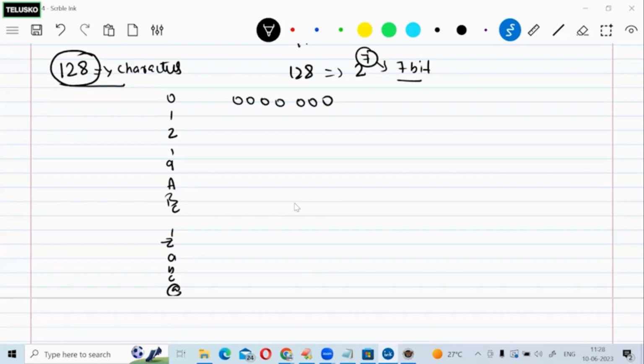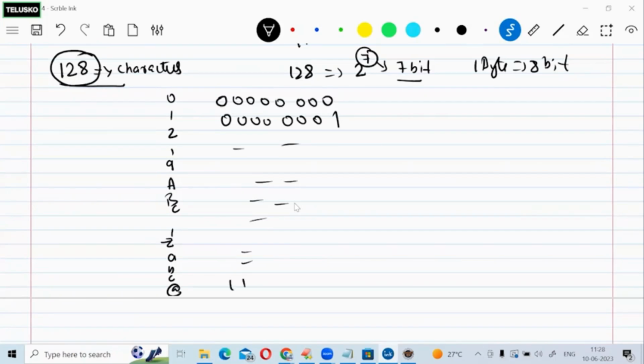But since memory comes in a standard form, in the form of a byte, 1 byte is equal to 8 bits. 1 extra 0 we had to add forcefully. But like this, 00000001. Like this, for all the 128 characters, Americans gave the binary representation.